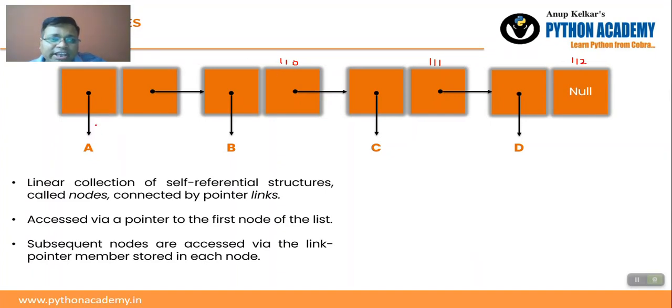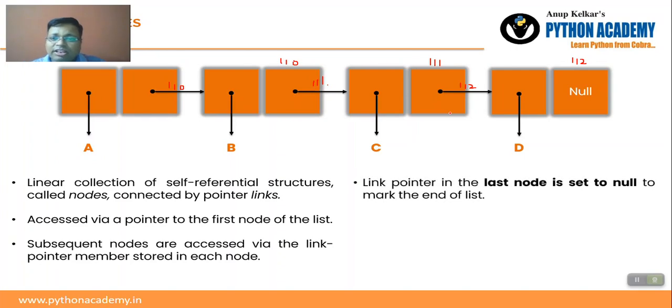The data A is stored in the first portion, and the pointer always points to the next ID, that is 110. Again the link here is 111, and here 112.